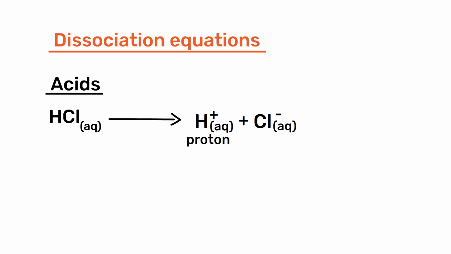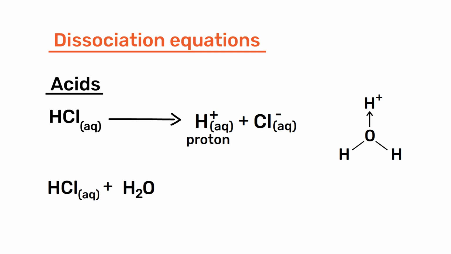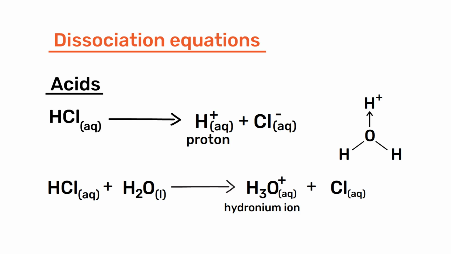It can also be represented in another way because the proton forms a dative bond with water molecules to form a hydronium ion. So it can also be shown as hydrochloric acid combining with water to form hydronium ion and chloride ion. In most of the equations in the workbook, we'll use the first equation with just a proton, though both equations are correct.